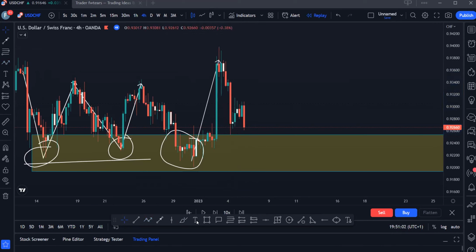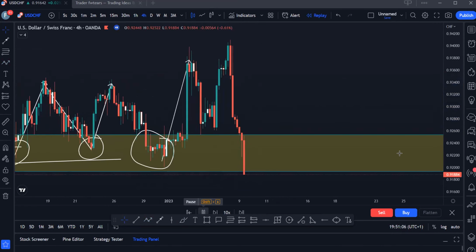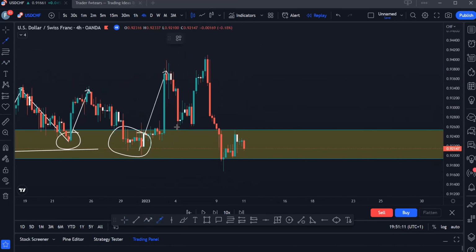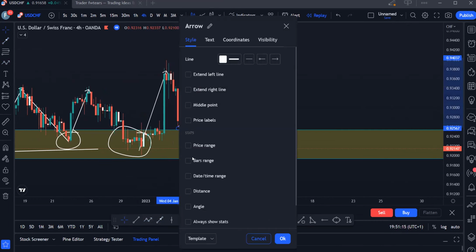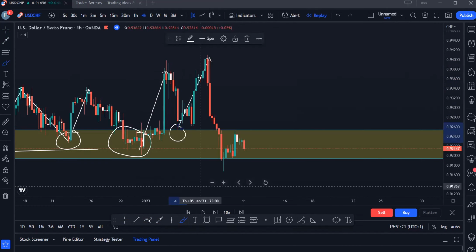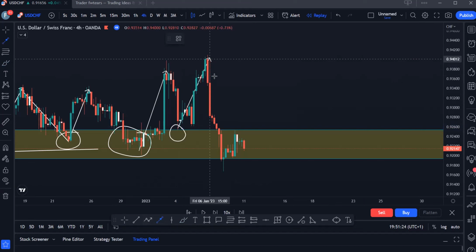But ultimately, let's see if we'll see a very strong move. That move happened here, and then we can see price went up, and the move started from where? From the support. But ultimately, the support zone got broken.